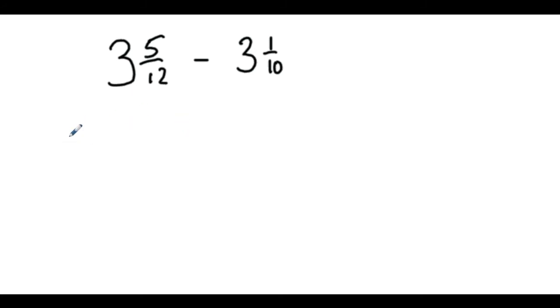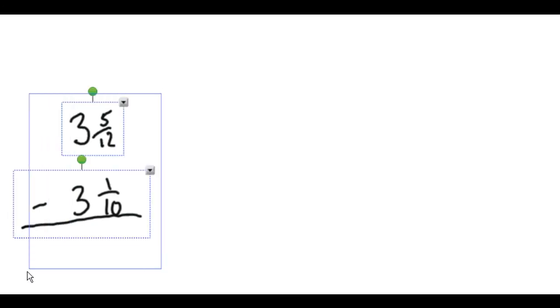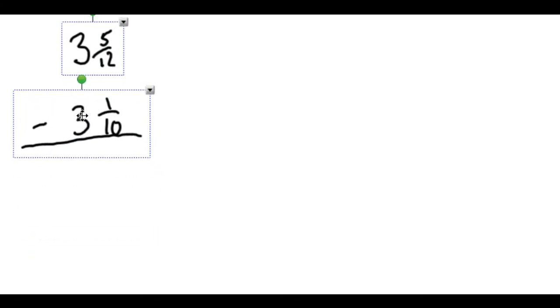It's the same, but it makes it easier to do the work. 3 and 5/12 minus 3 and 1/10. Difference line. Now that I've got it, I'm ready to get rid of this and move this into a better position so I can work on it.